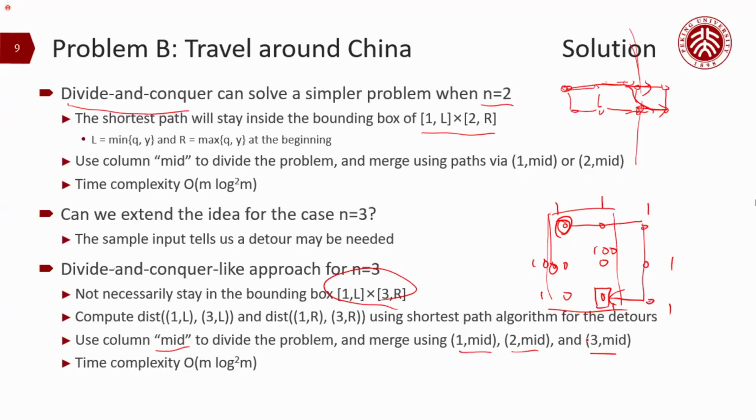But one special thing different from the case when n equals 2 is that we need to compute these 2 quantities using the shortest path algorithm for the detours. So on the boundaries, we may go outside the bounding box. So we need to compute the shortest path from here to here or from here to here, so that we can still use the divide and conquer idea to solve this problem. And the overall time complexity is m times log m squared. Okay, so this is problem B.